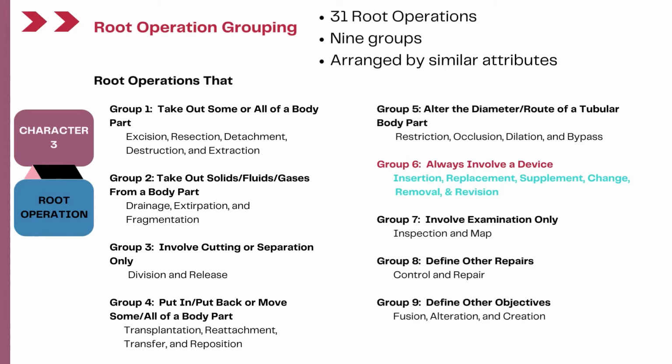There are 31 root operations in the medical and surgical section alone, and these root operations are divided into 9 groups based on similar attributes of surgical procedures. Today, we are looking at the sixth group, which talks about root operations that always involve a device.